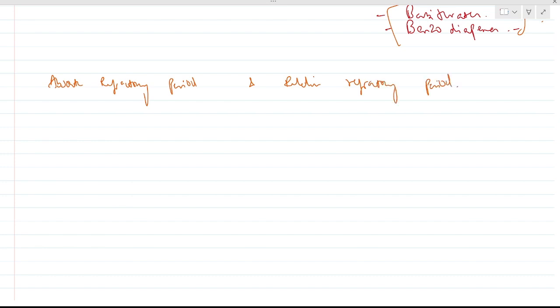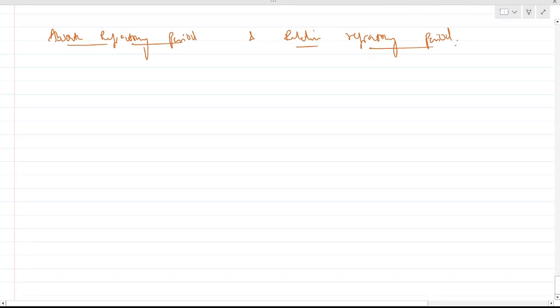Very important concept in this action potential discussion. We'll understand this very clearly through a graph. Okay.